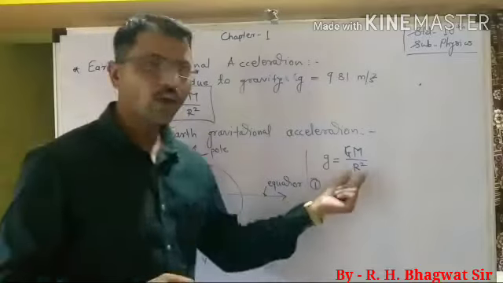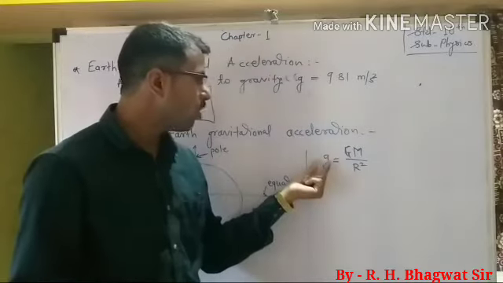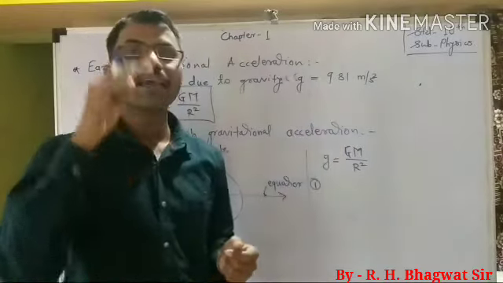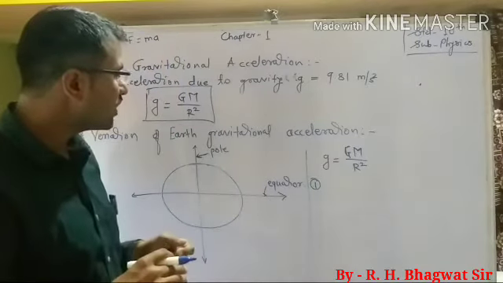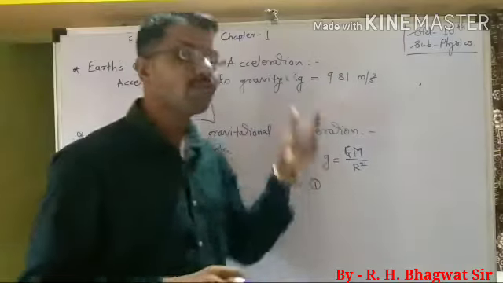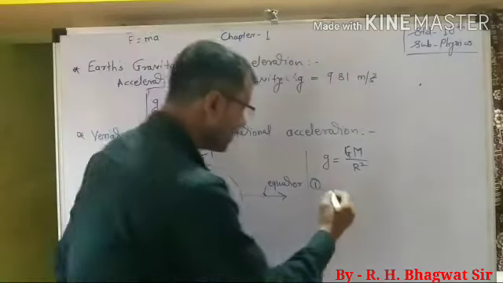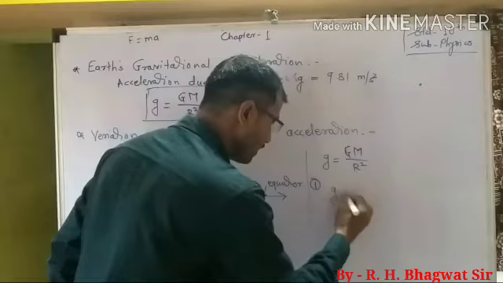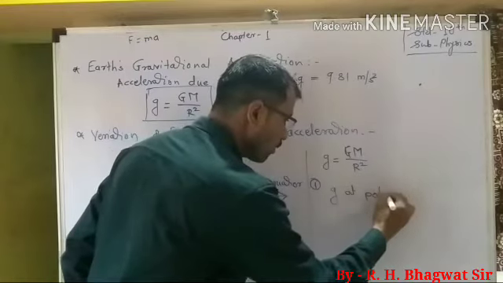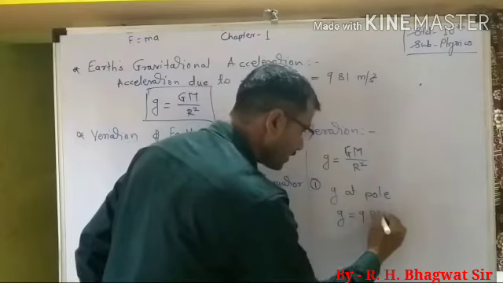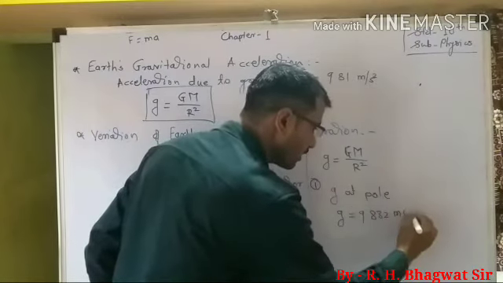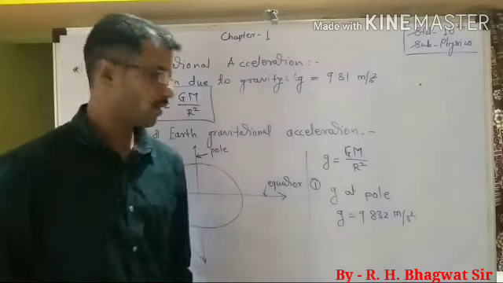Therefore, as the denominator decreases, the value of acceleration due to gravity increases. Therefore, the value of acceleration due to gravity is maximum at the pole, where g at the pole is 9.832 meters per second square.